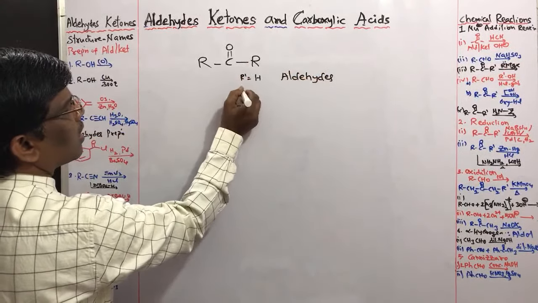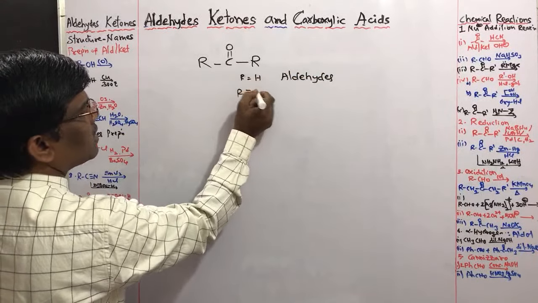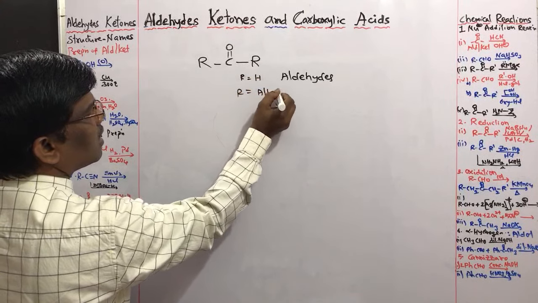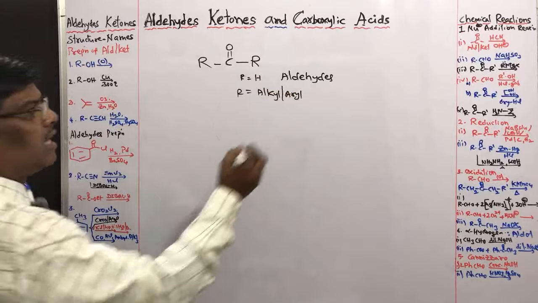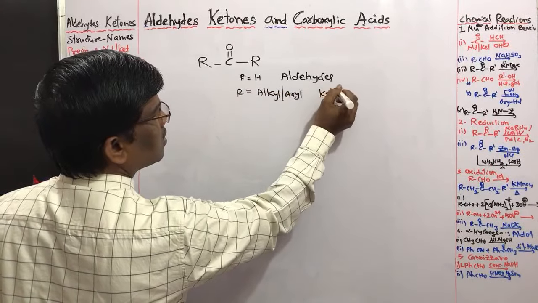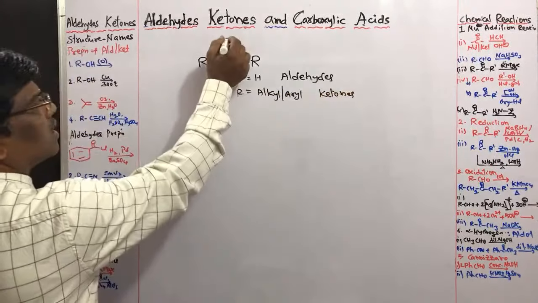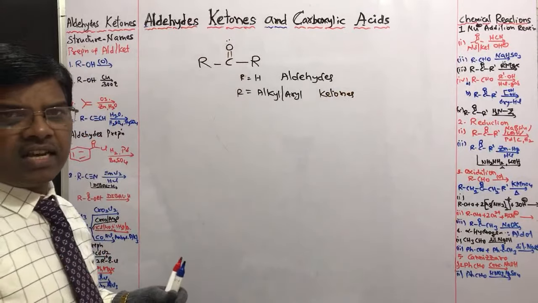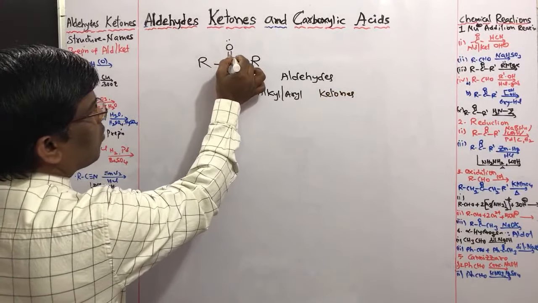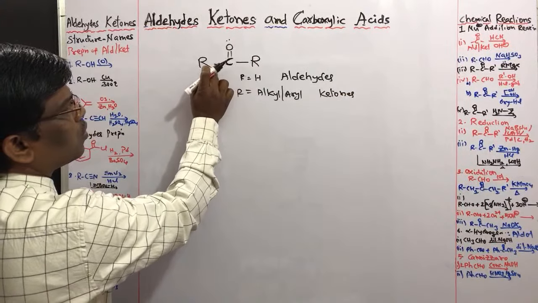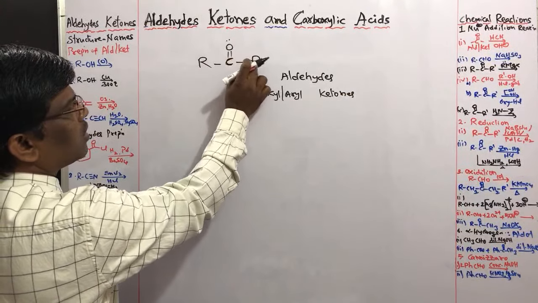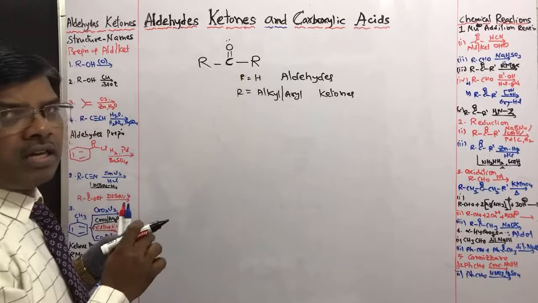If R is alkyl or aryl on two sides, then these are ketones. So what is the structure? This is the carbon having a double bond with oxygen and two carbons or hydrogens with C-C single bonds.